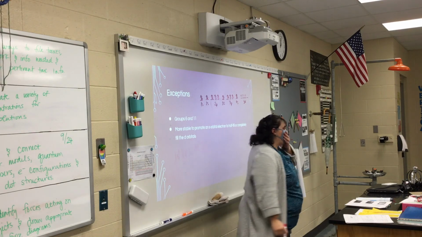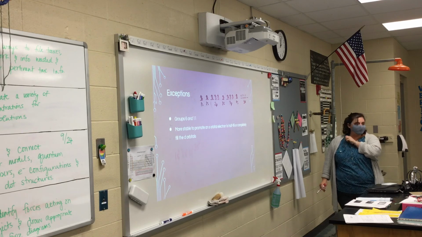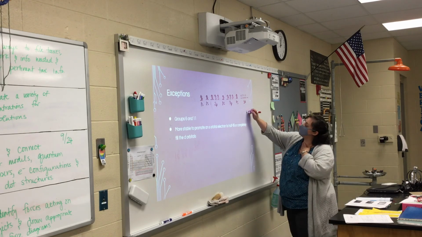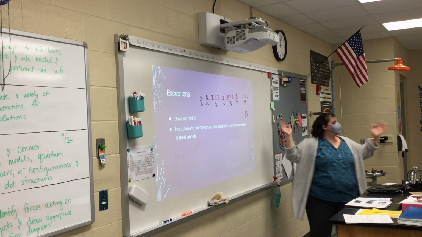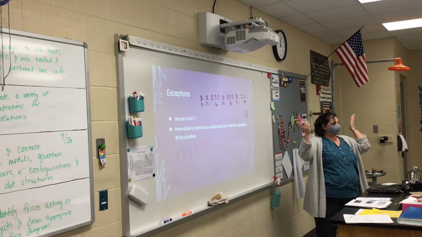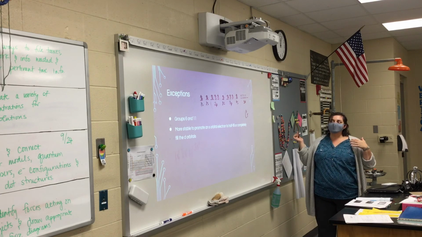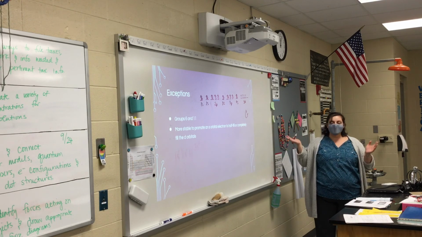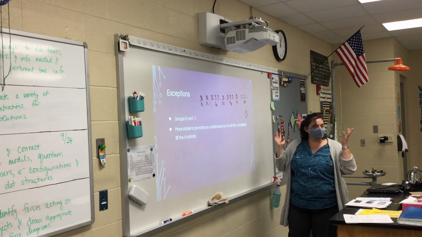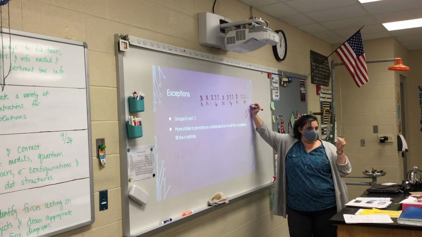Okay. So this is the orbital notation for chromium. And this is what we would predict, and this is incorrect. Because what happens is it naturally rearranges itself so that 3D drops down in energy below 4s.